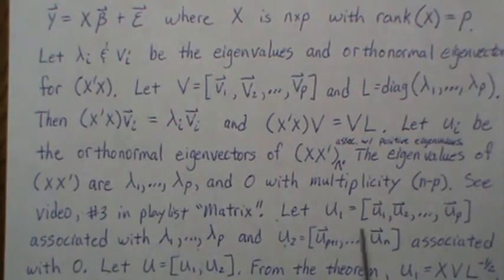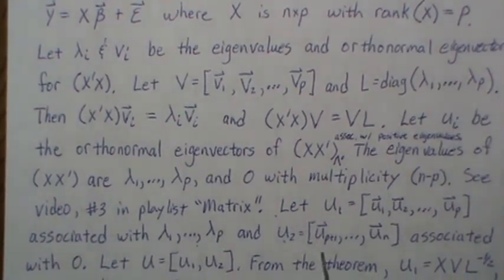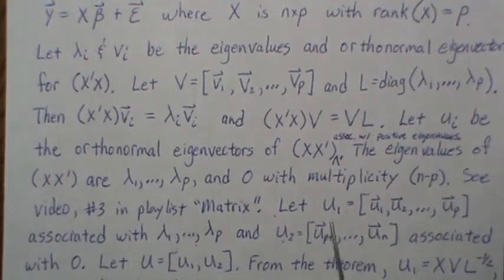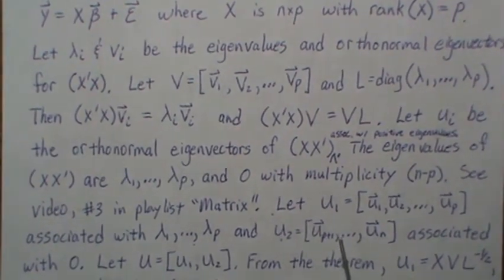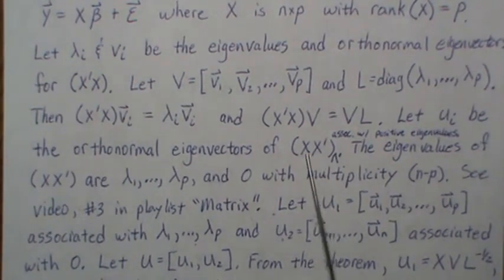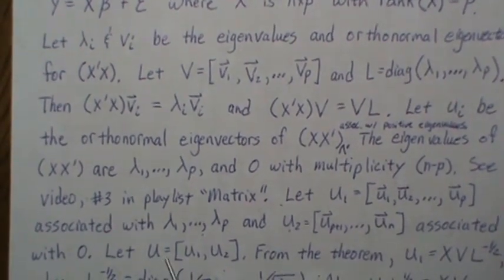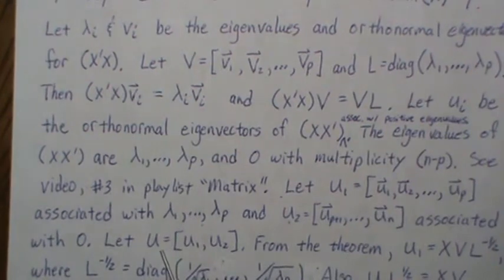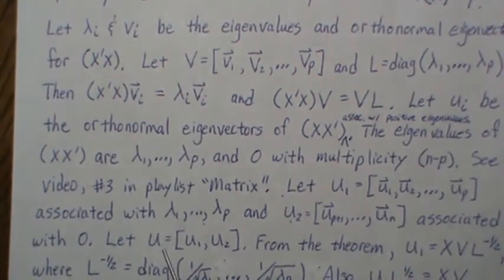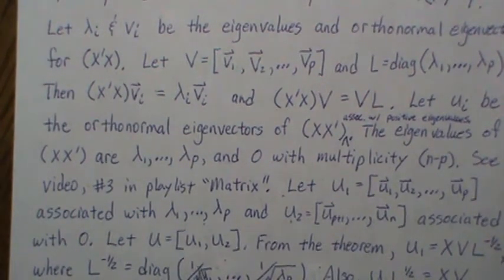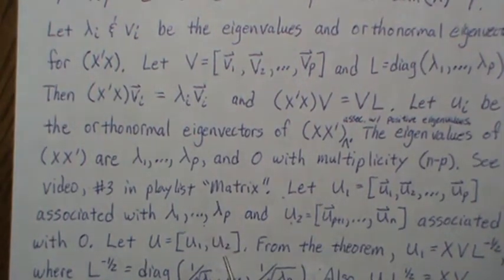Then let U2 be the other n minus p orthonormal eigenvectors associated with this n by n matrix. Then we collect those into what we call U. Now U is an n by n matrix, and it contains all the orthonormal eigenvectors.